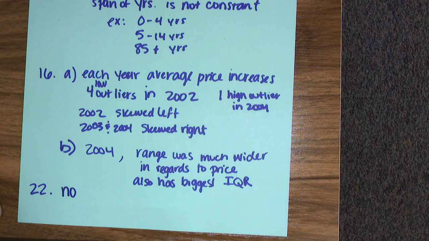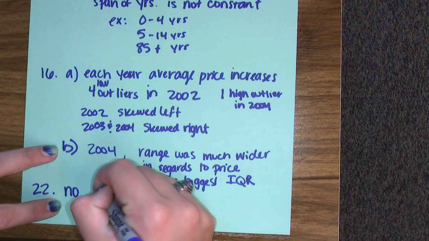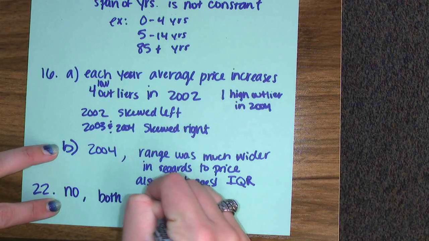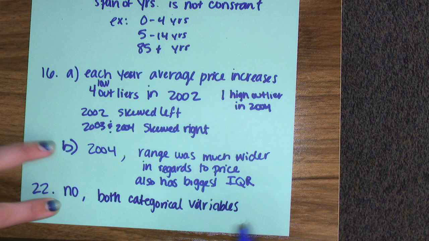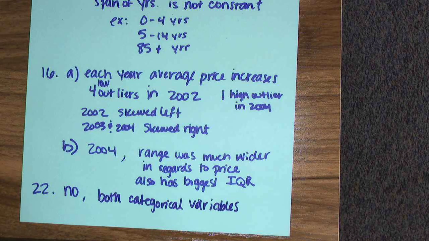Yeah, you can't gather any information from it. And what kind of variables are hair color and eye color? Categorical. So can we put numbers to those? No. So you say no, both categorical variables. Because based on that, you can't even decide how many people had blonde hair or how many people had brown eyes just by looking at that graph. So that would be very hard to understand and interpret anything from it.